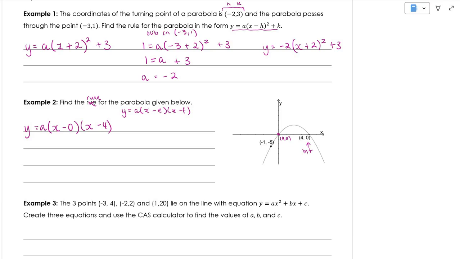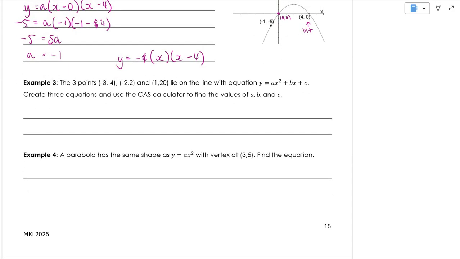Now it's a matter of figuring out that a, so we're going to sub in that point -1, -5. So I've got -5 is equal to a times -1 times (-1 minus 4). I'm going to end up with -5 is equal to positive 5a, so a is equal to -1. So the final equation for that one, you don't have to write -1, but just negative x(x minus 4), okay?